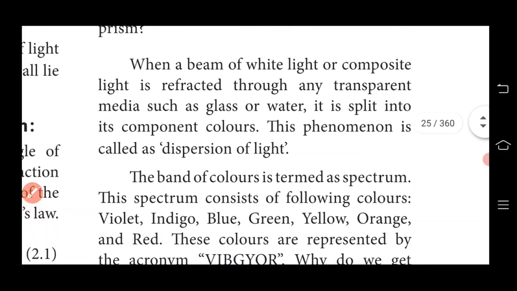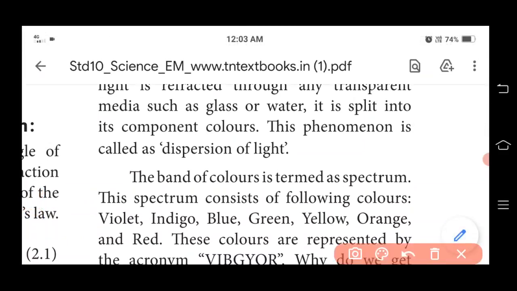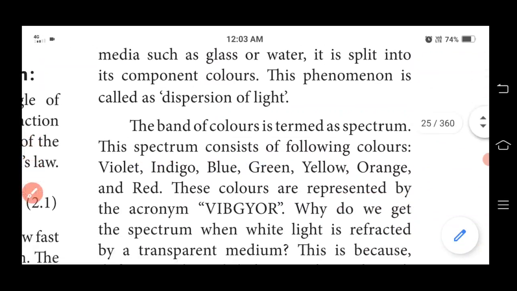Here the band of colors is termed as spectrum. The band of colors, red, blue, green, orange, like that, is termed as spectrum. So the spectrum consists of the following colors. What are they?